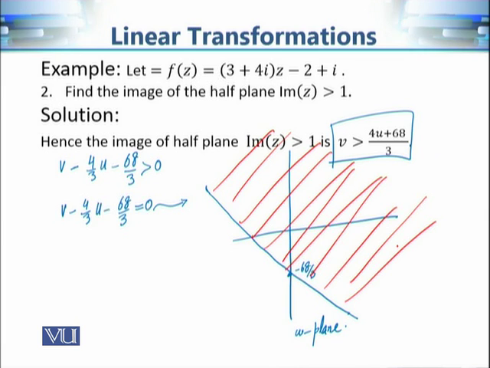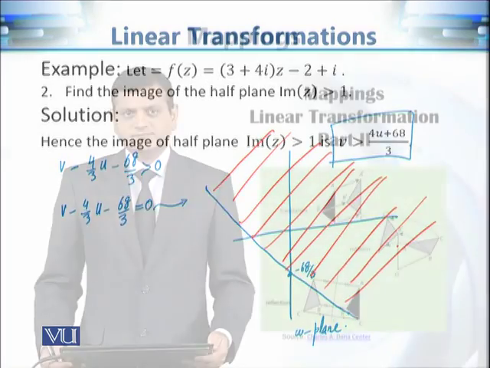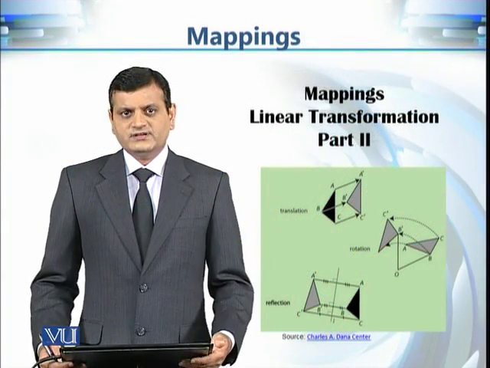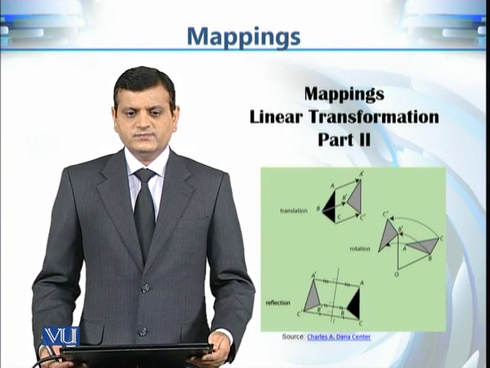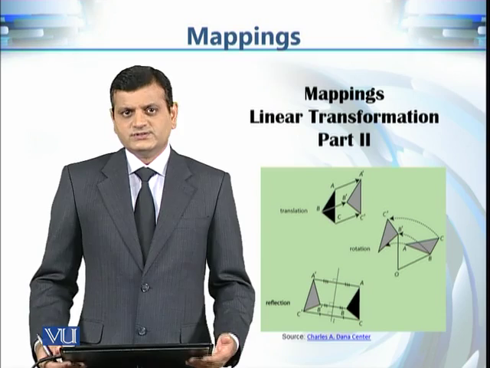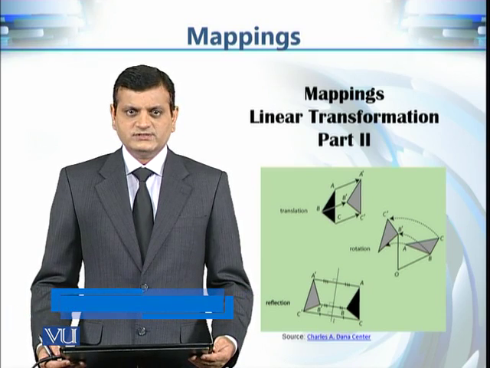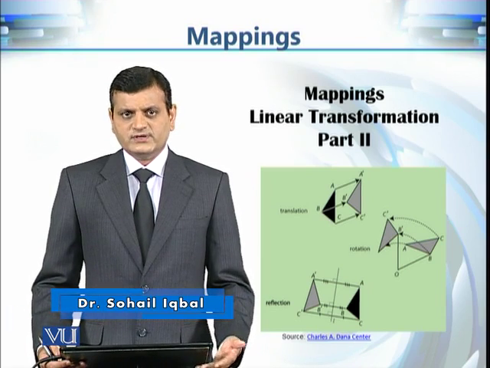So similarly, we can calculate other examples where we are given a linear transformation and a set in the z plane, and we can construct its image in the w plane. So far, we discussed what linear transformations are, what the geometrical interpretations of these linear transformations are, and in this part, we saw how to construct different linear transformations using given information.